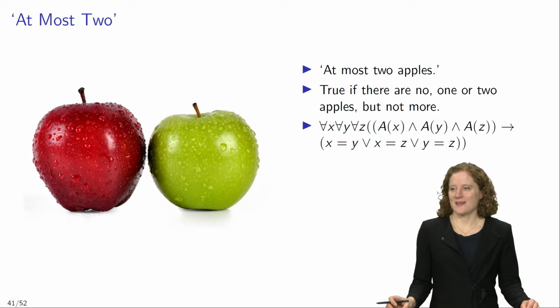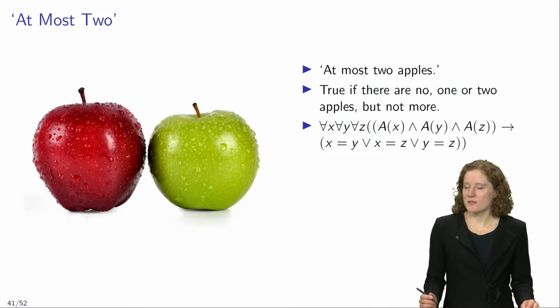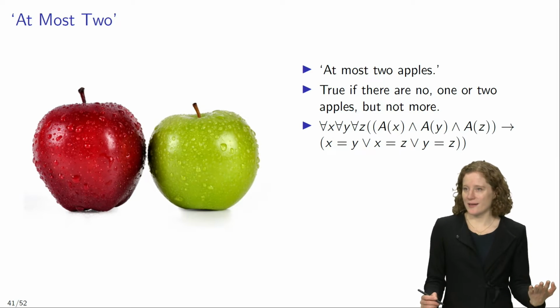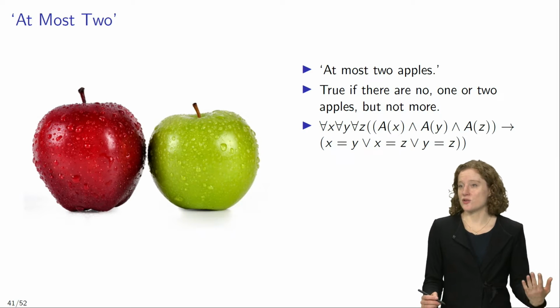Now, to make the example a little more complicated, suppose you want to symbolize the sentence, there are at most two apples. Now, this sentence is true in three cases: in case there are no apples, in case there's one apple, or in case there are two apples. But it is false if there are more than two apples.